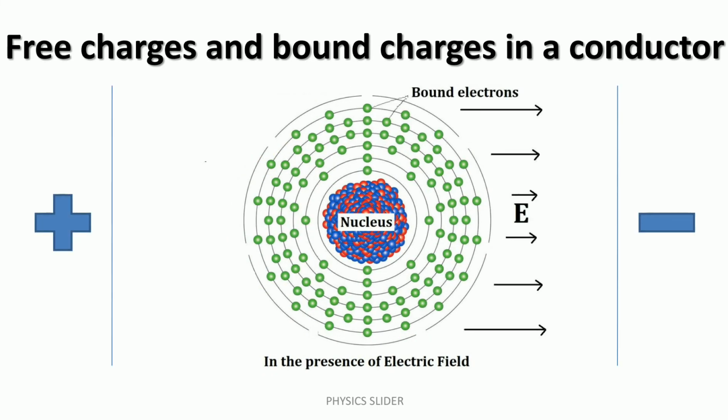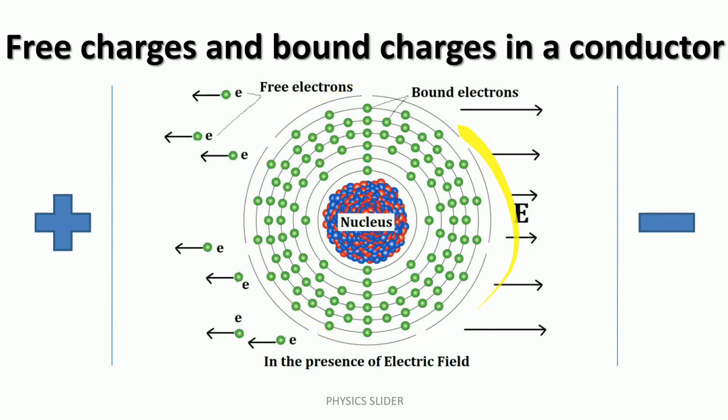So let's see. We create the electric field. This is the positive plate and this is the negative plate. The direction of the electric field is from positive to negative. What will happen? The free electrons, the electrons from the outermost shell, will move to this positive plate, in the direction opposite to the electric field.